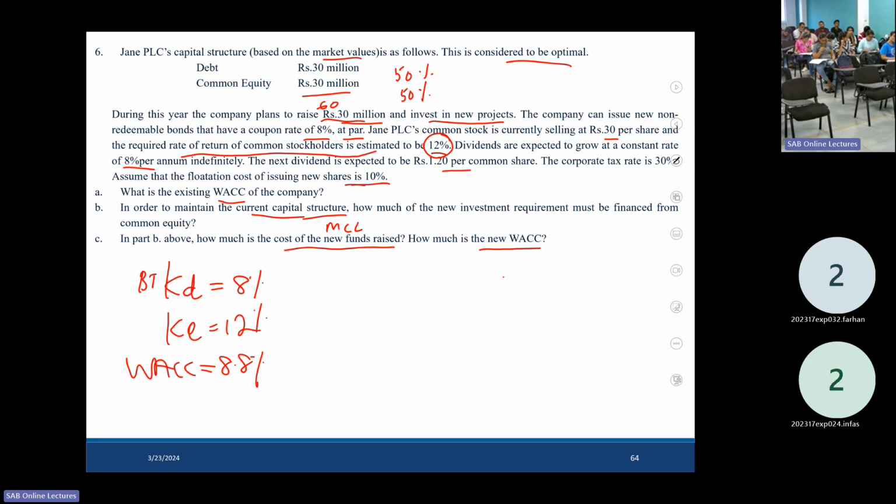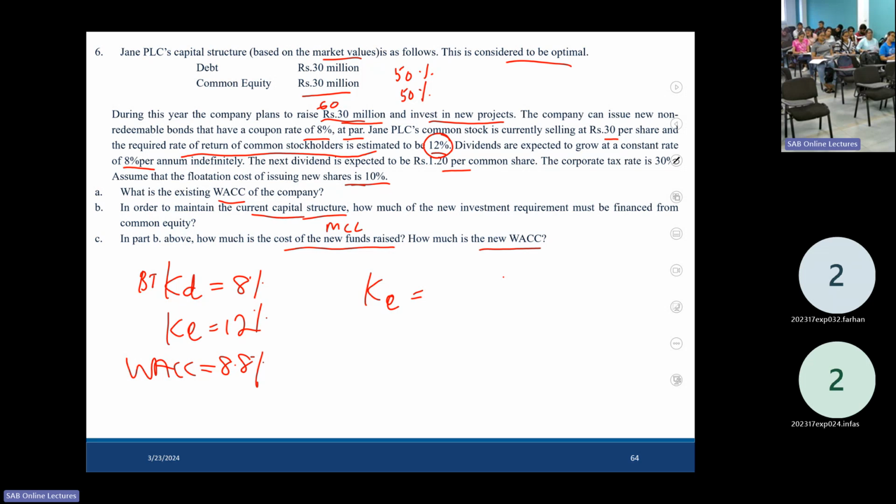So now you have to identify the new cost of equity, because now an extra 15 million you have to raise from equity, 15 from debt. In relation to the debt capital, you are not given any constraint. So the same cost of debt you can use for the additional 15 million also. So then the new cost of equity is how much? New cost of equity, say KE, is equal to, with the given information, which model do you have to use?